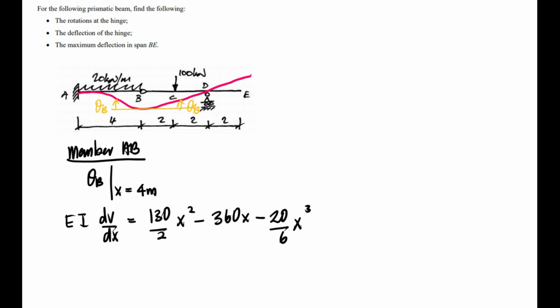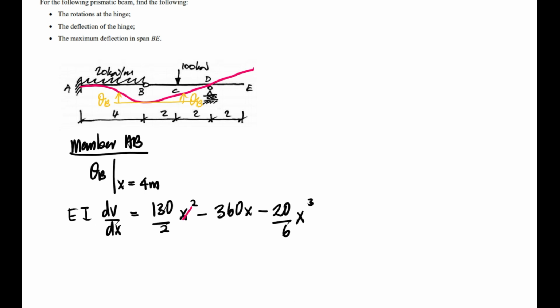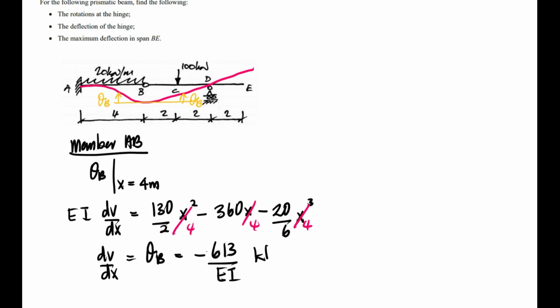So we substitute x equals 4, so we can define dv/dx, or theta B, is equal to negative 630 over EI kilonewton meter square. So, okay, the angle is like this.